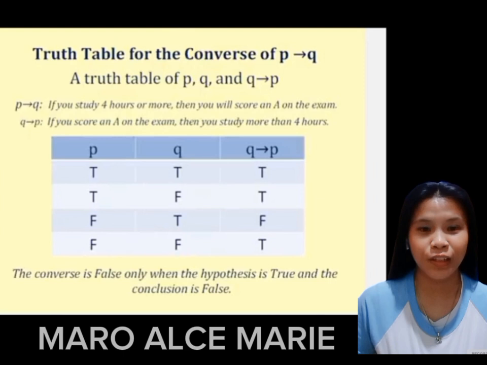Therefore, in this case, the conditional statement P if then Q is true. When both P and Q are false, the conditional statement P if then Q is true. This implies that if you did not study 4 hours or more, it does not affect your ability to score an A on the exam. That's all.